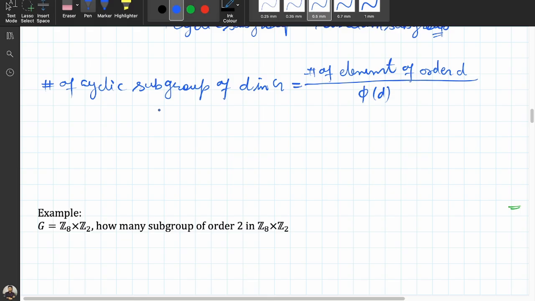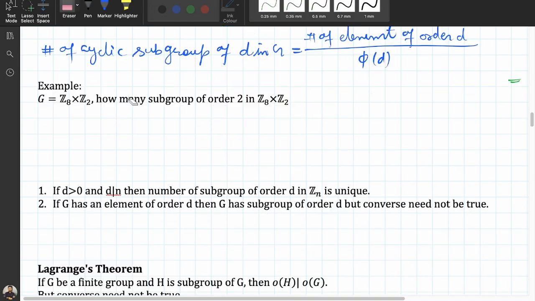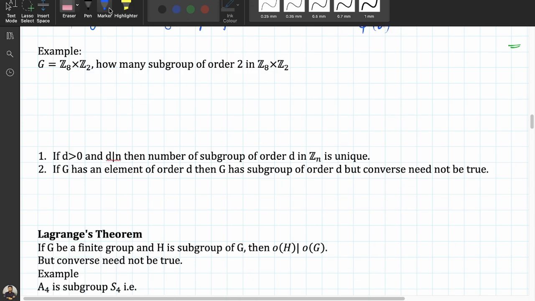For example, we have an example here, we can take it from here. How many subgroups of order 2 are there for this?